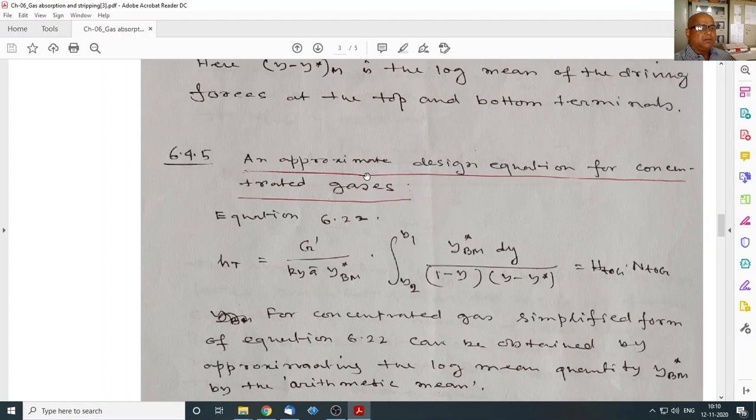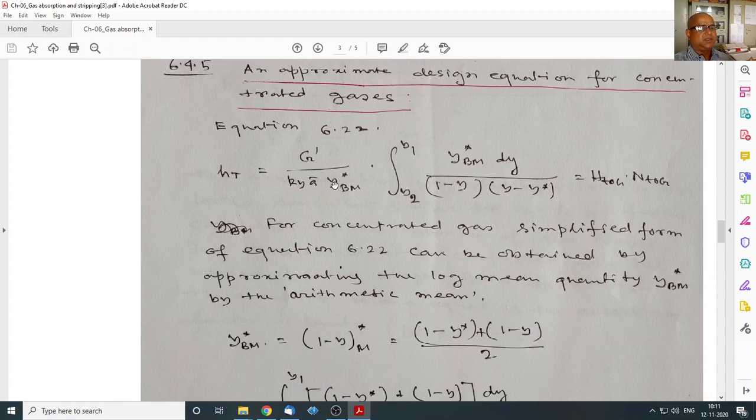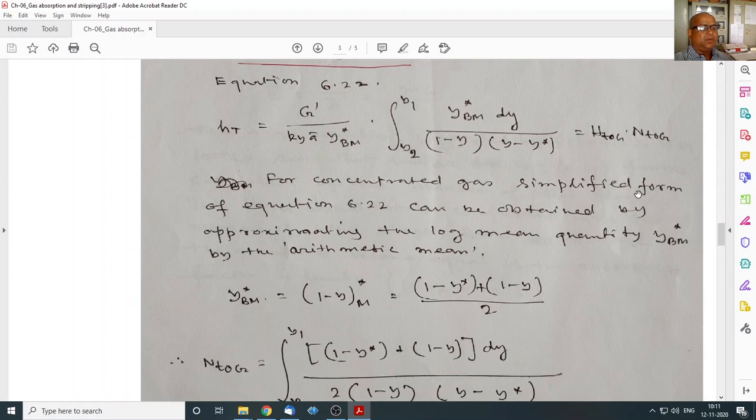Similarly, for the approximate design equation for concentrated gases, when the gas is very concentrated, how will it be? See, this is my governing equation, NtoG. Now what will be y B M? They are telling this is half of 1 minus y star plus 1 minus y2, because it is linear.